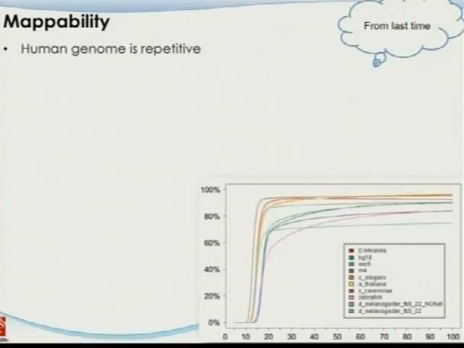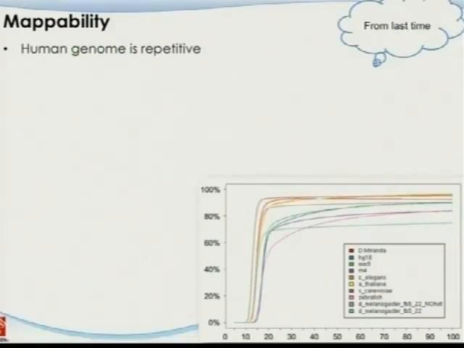We talked about the mappability issue initially, that the human genome is really, really repetitive. This figure is not very clear, but you can look at it after class. One of the colors, blue here, is the human genome, and the X axis is the length of the read.